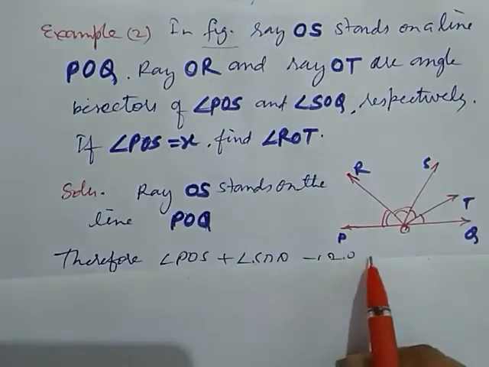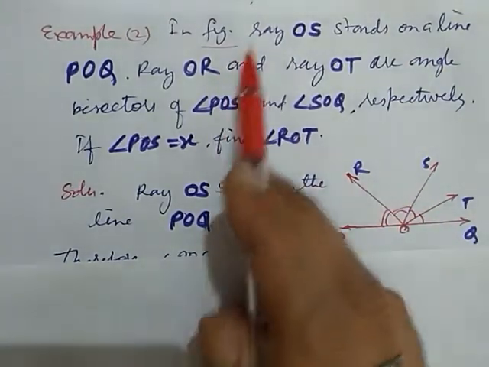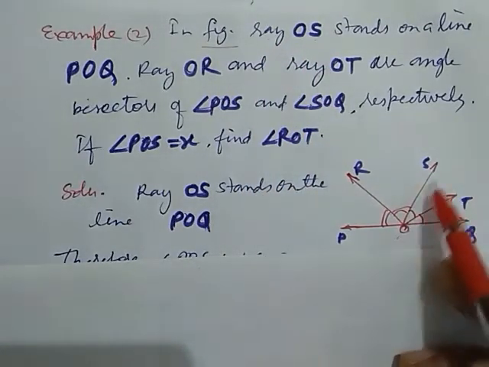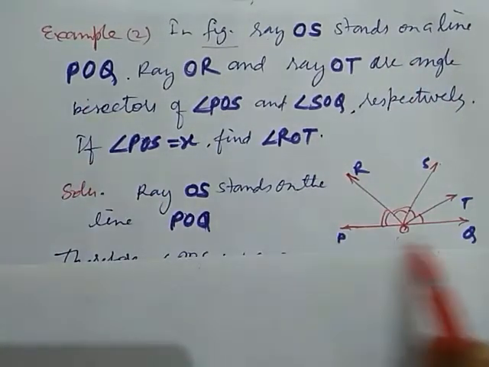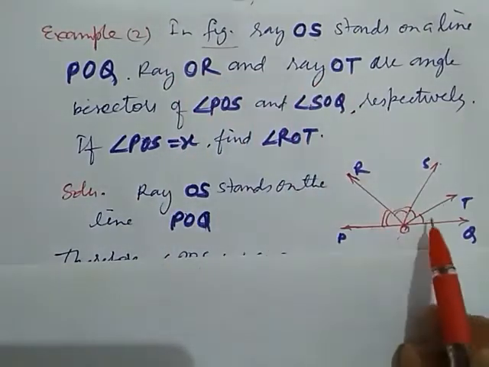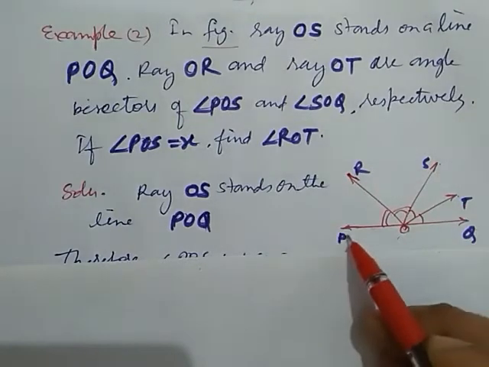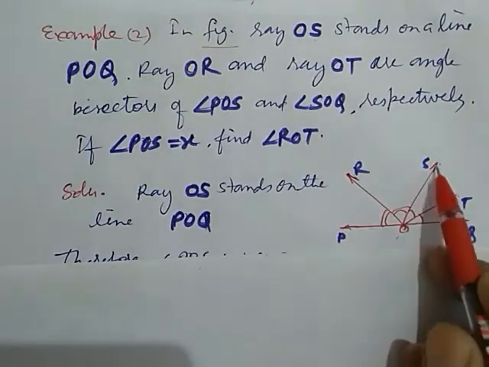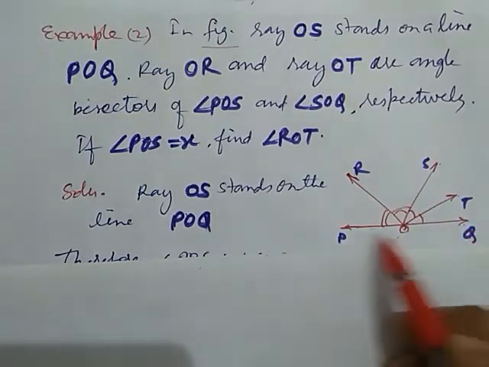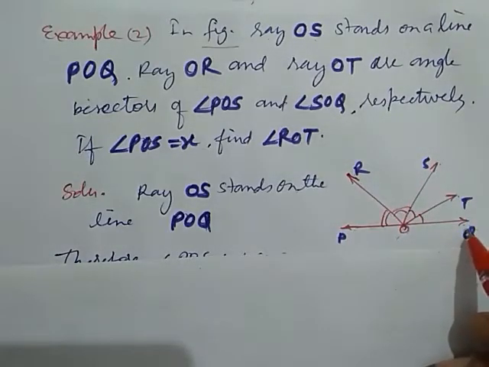So first we have this figure. According to this figure and this question, ray OS stands on a line POQ. POQ is the line and OS stands on it. Ray OR and ray OT are angle bisectors. This angle POS is formed when ray OS stands on POQ, and then the angles formed are POS and SOQ.